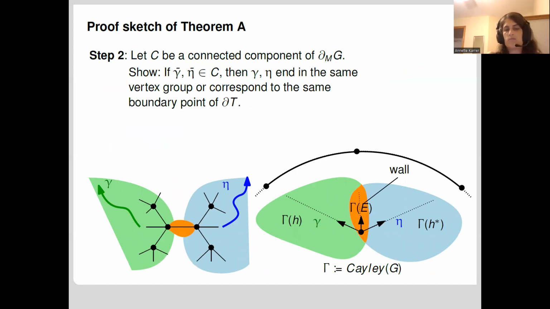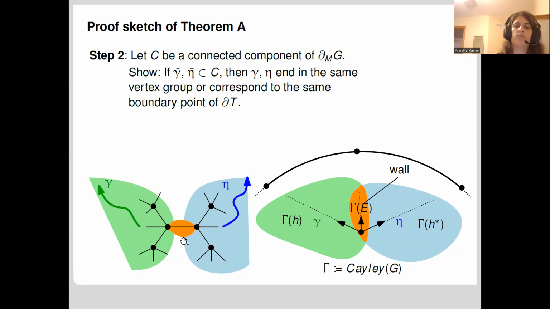If we have two different Morse geodesic rays, like in the description above, then we can look at the situation that we find an edge in the tree which decomposes the tree into two different half spaces.